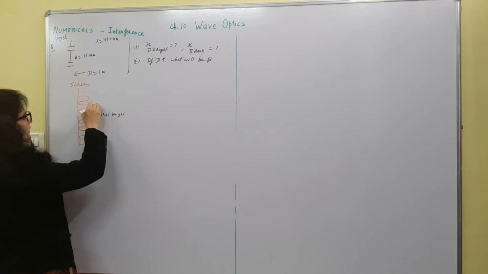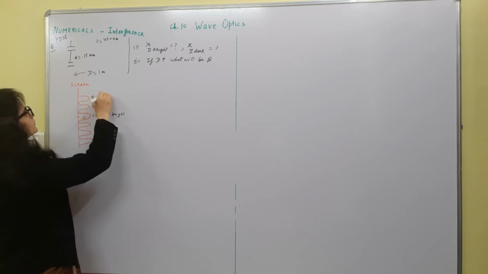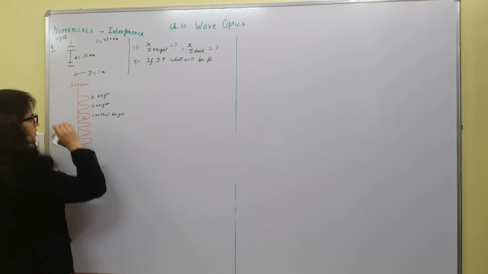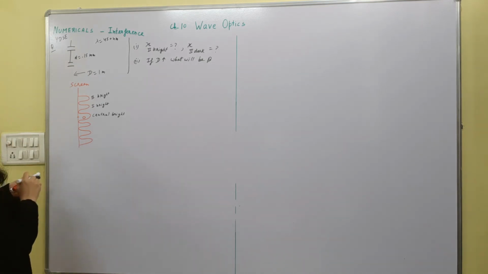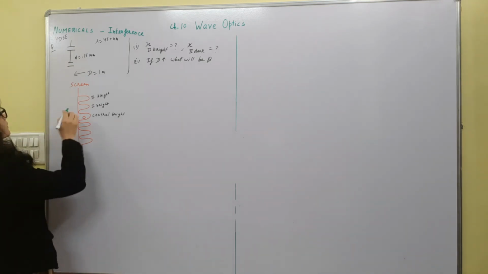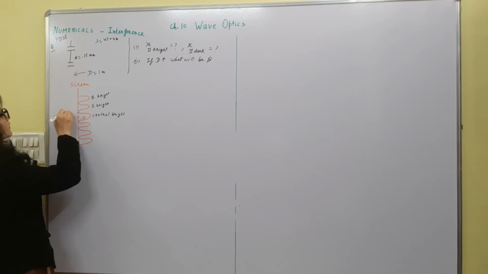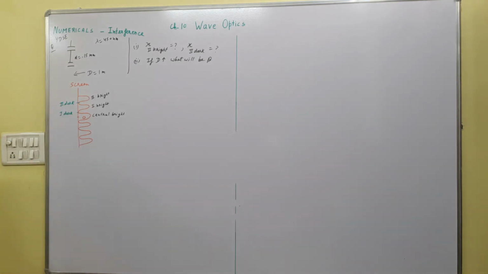Then after we say that this is first bright, second bright, and so on. And here we can say that this is first dark, this is second dark, and so on.